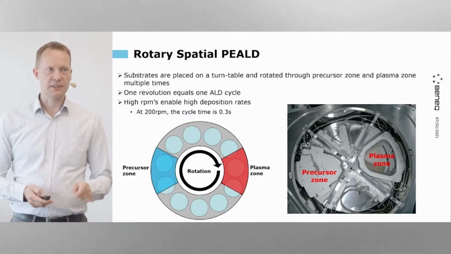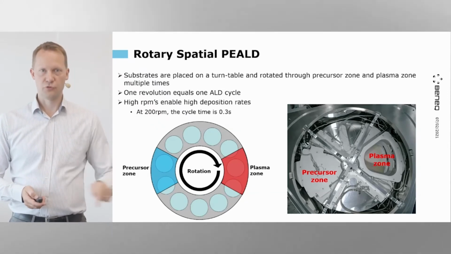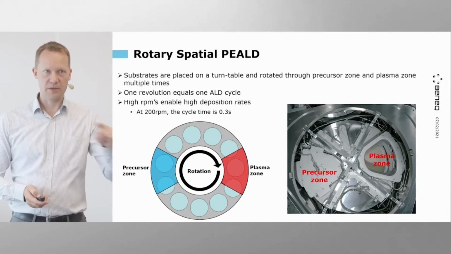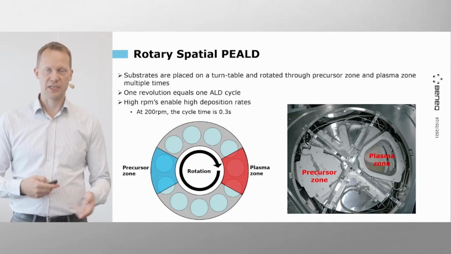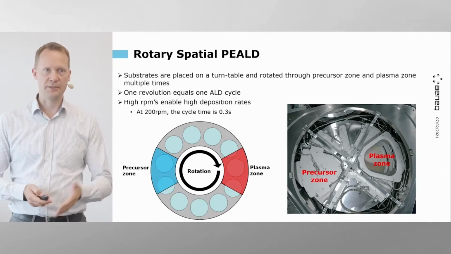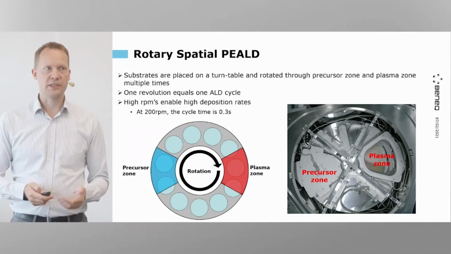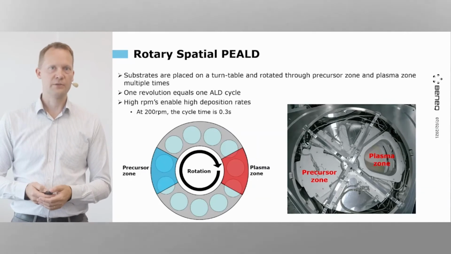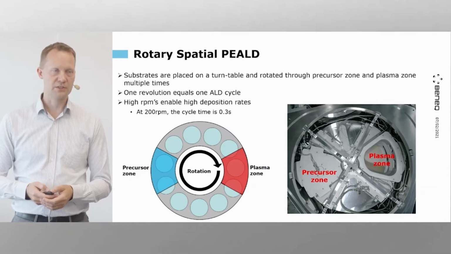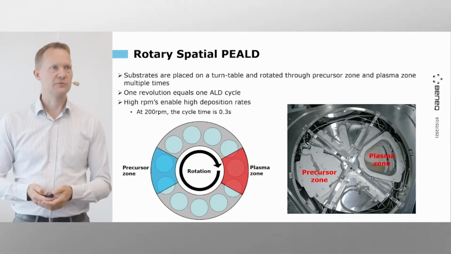And it is faster to rotate the turntable compared to pulsing and purging the gases, as is done in the traditional way of doing ALD, which enables, in this rotary process, very high deposition rates and short cycle times.